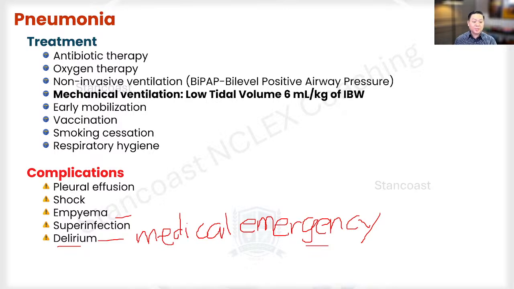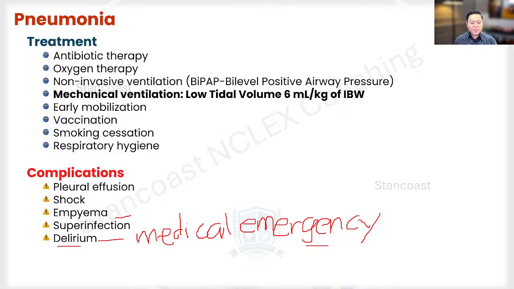Maybe the patient could actually harm themselves. It can lead to falls, self-injury. They might start pulling IVs, or maybe a nasogastric tube. They would not really be able to cooperate. They will be combative as well. So again, delirium is not a good sign at all.